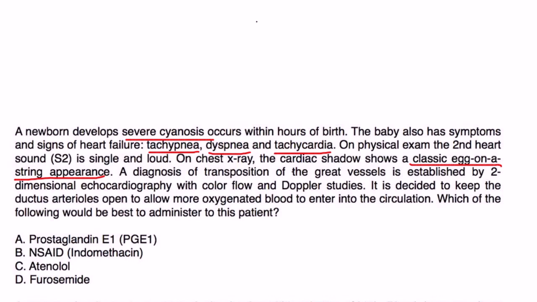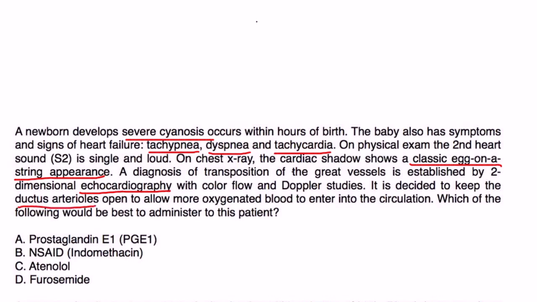Diagnosis of transposition of the great vessels is established by two-dimensional echocardiography with color flow and Doppler studies. It is decided to keep the ductus arteriosus open to allow more oxygenated blood to enter into the circulation. Which of the following would be best to administer to this patient?